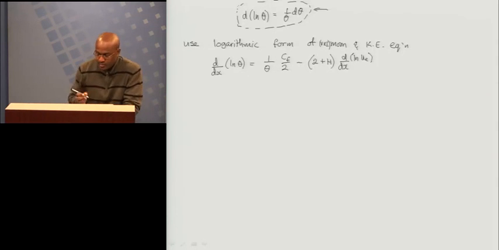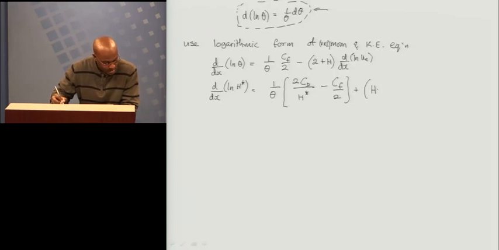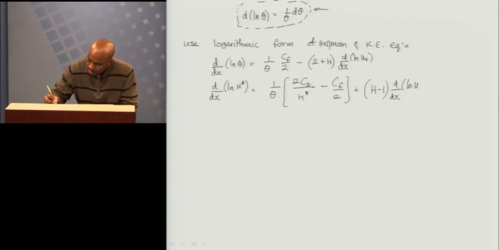Okay, so that's the momentum equation, and the kinetic energy equation I could rewrite as d/dx ln H star equal to 1 over theta times (2 CD over H star minus Cf over 2 plus (H minus 1) d/dx ln Ue).